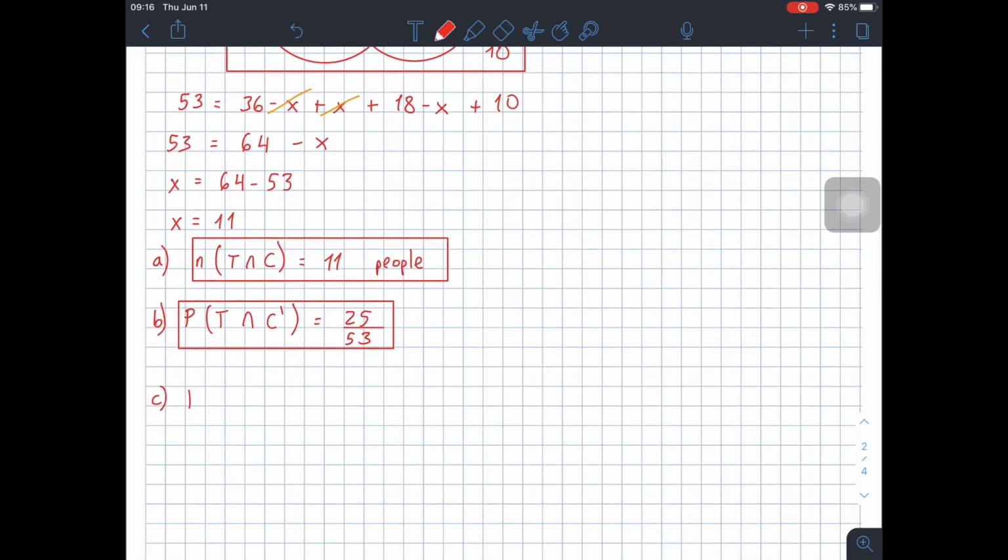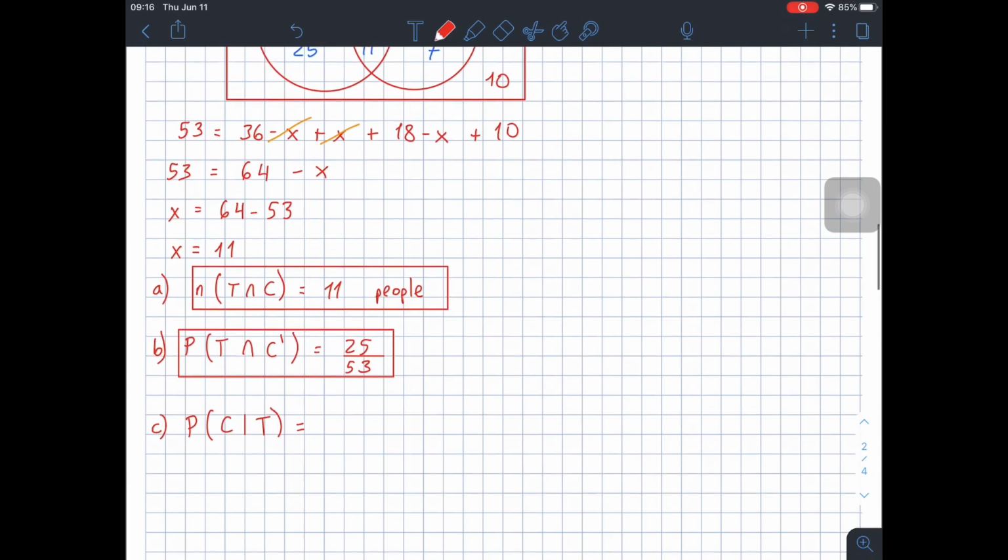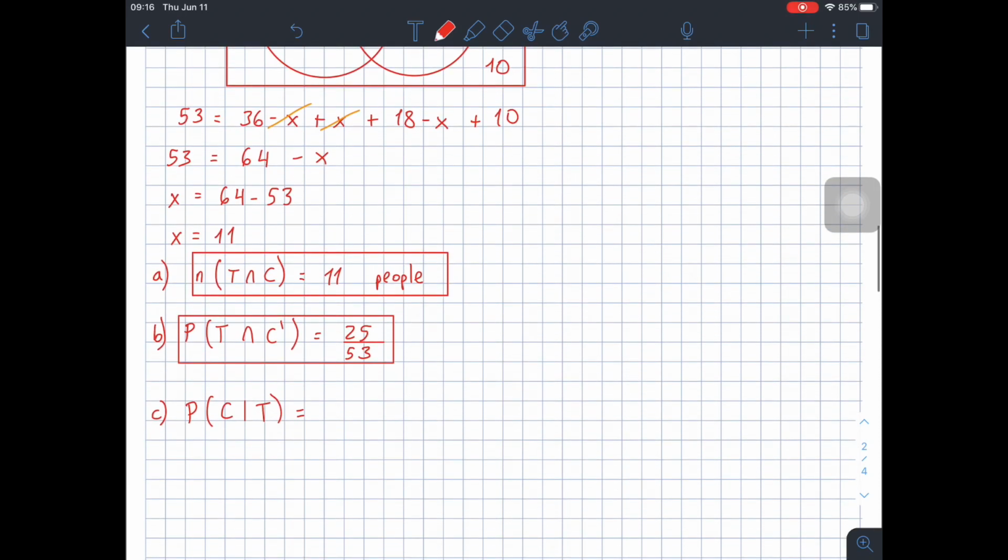If we write that in symbol notation, that would be the probability that this person drinks coffee, given that he or she, actually, the problem only talks about he, but we don't know, it only says staff. Okay, so I'm going to do it like that. Coffee given that tea, right? So in this case, our universe is reduced, right?